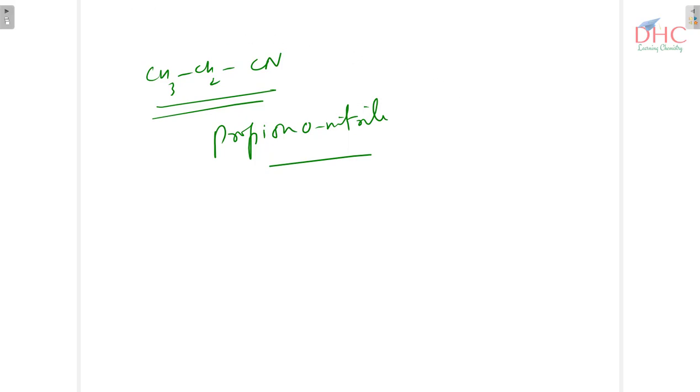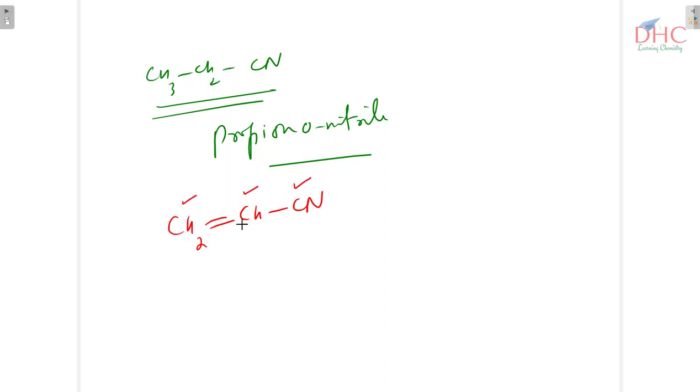Similarly, if you have, for instance, this compound CH2 double bond CH single bond CN. Now see, there are basically 3 carbons in this system. You can see, one carbon of the cyanide, the second this one, the third this one.